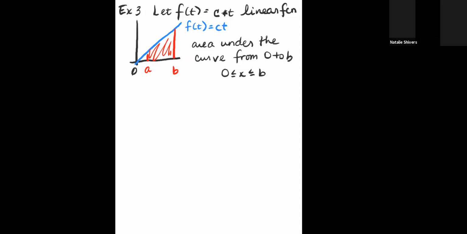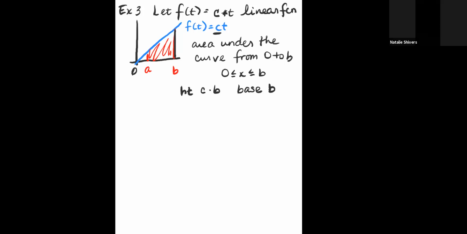Okay, so my height right here is C, some constant C times B. So C times B. And my base is just B. Okay, so that's going to come in handy here in a minute.